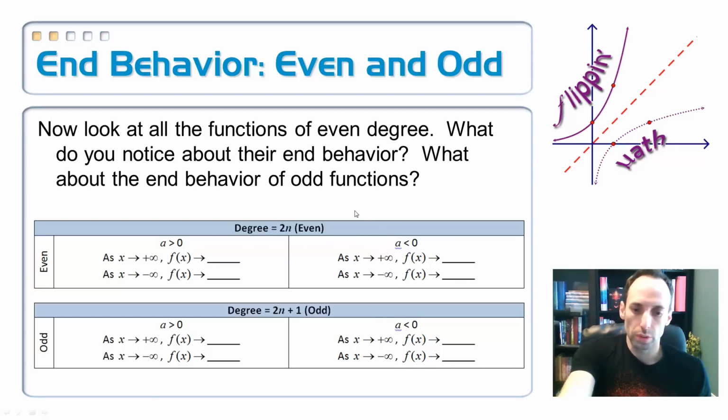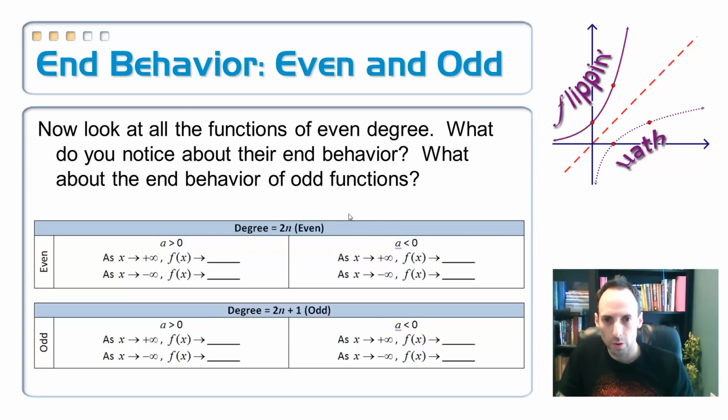I am going to relate an even power to something that you already know. Even power is like our parabola. Okay, try that again. We have a parabola like that, or we have a parabola like this. So the first one, the one on the left, the beard there, is when a is a positive number. That's what we see over here.